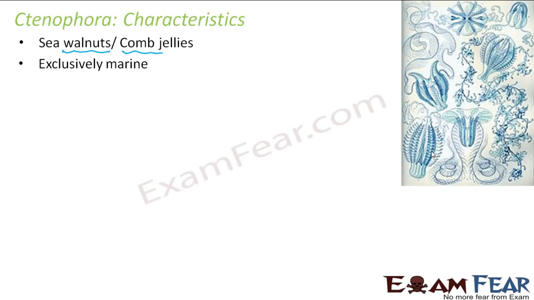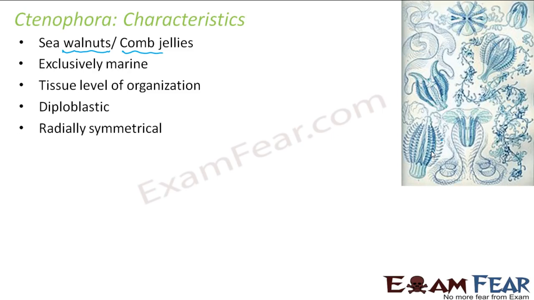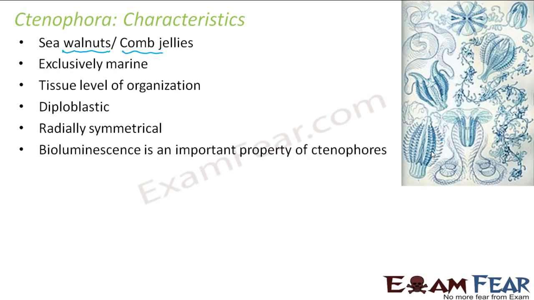They are exclusively marine, only found in marine environment. Tissue level of organization, same as Coelenterata. Diploblastic, again same as Coelenterata. Radially symmetrical, this is also the same. Bioluminescence is an important property of ctenophores. What is bioluminescence?